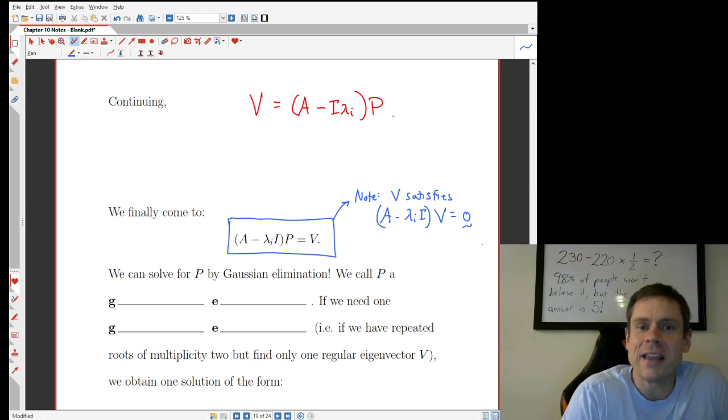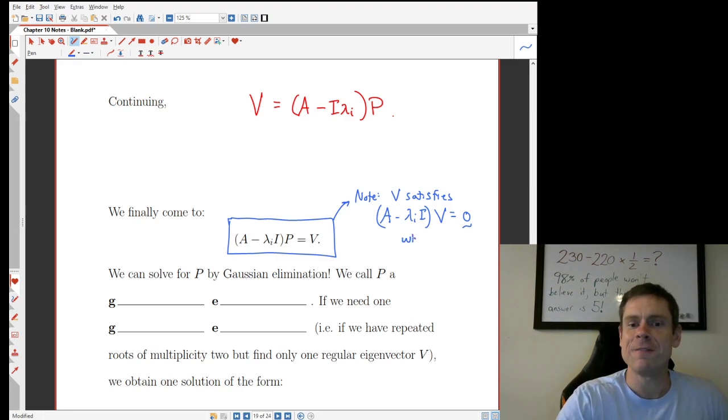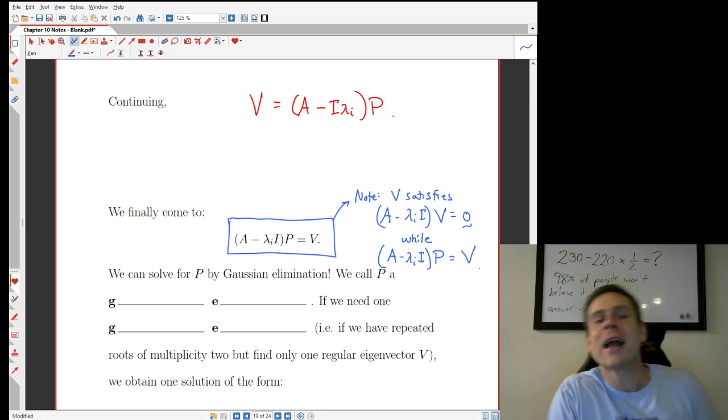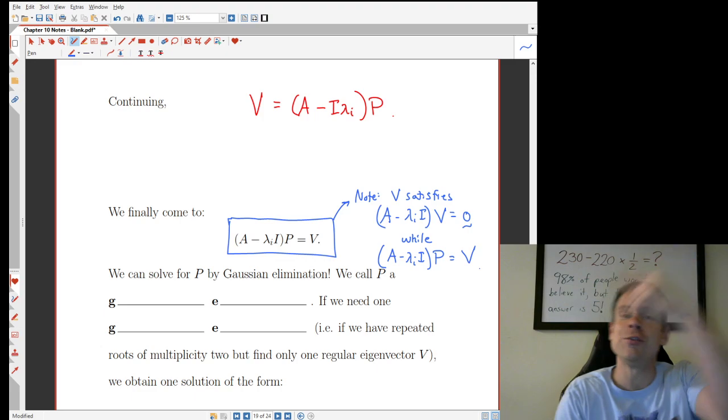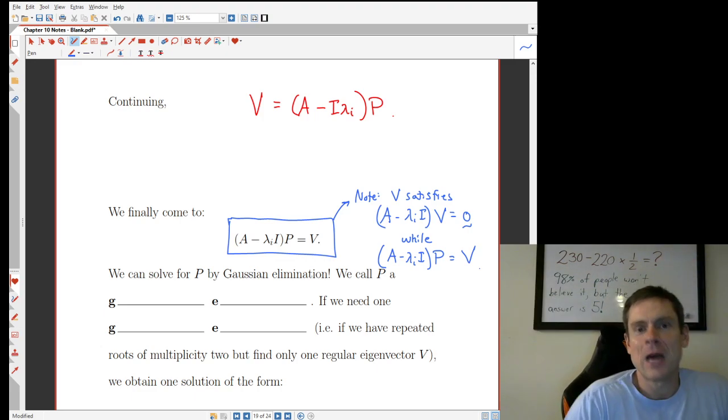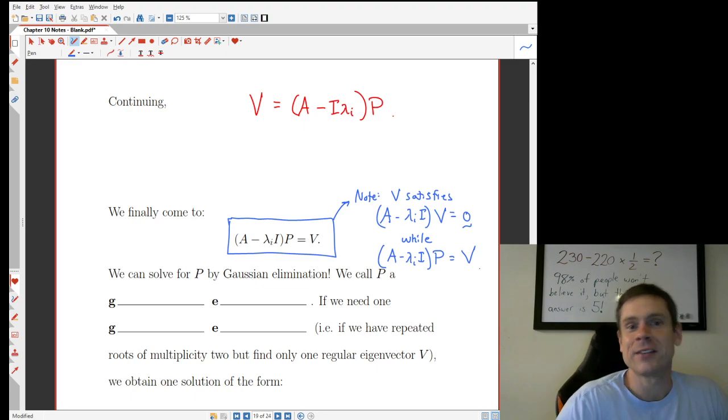So what we're saying here is that p is some other vector where I stick it in v's place and v goes in the 0's place. A minus lambda I times p is equal to v. So here's how it works. You can actually solve for the p once you've got the v by solving one more system. And we'll see in an example exactly what that's going to look like, but it's not too bad.